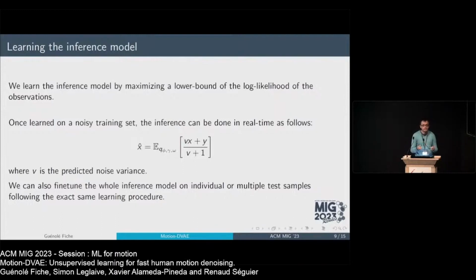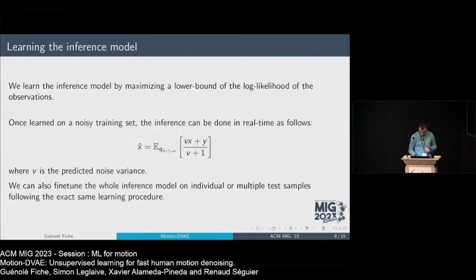So the higher is V, the less confident we are about the observation. And with this formula, you can see that if the noise is very high, so if we don't trust the observation, we will have a prediction close to X, which is the output of the Motion-DVAE. But if we think that the noise is very low, we will trust more the observations. And so the prediction will be very close to the observation since we trust it.